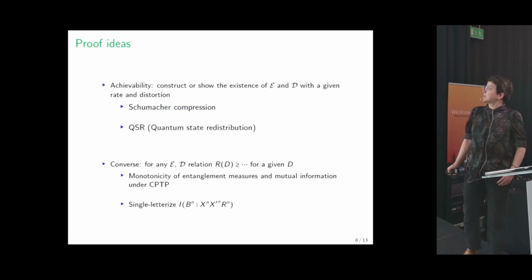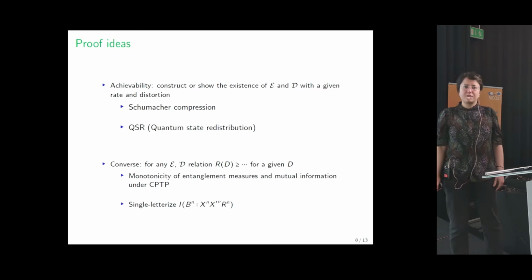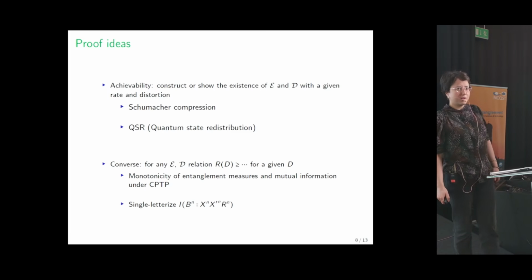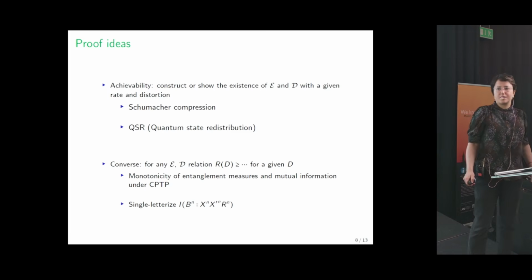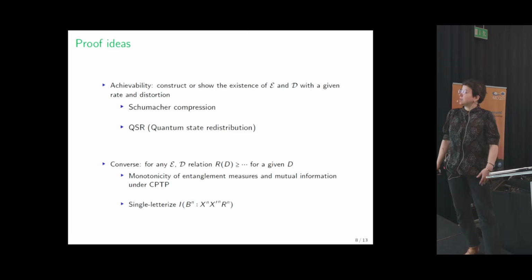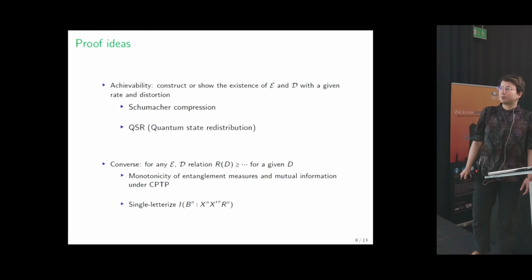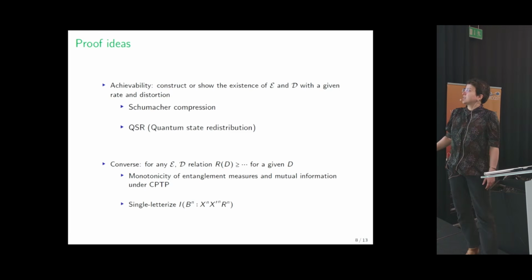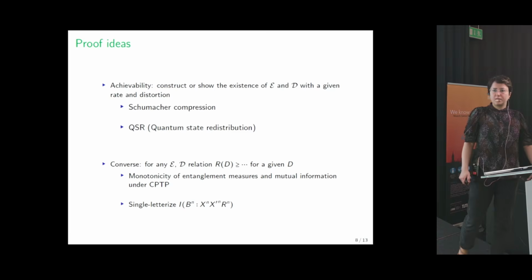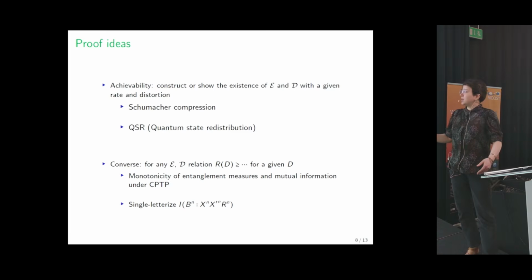Okay, if you are not that familiar with information theory, in the sense of Shannon, there are two kinds of directions in the proofs. One direction is the achievability proof. In the task I said that we have the encoder and decoder, right?